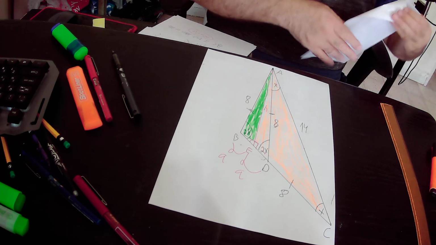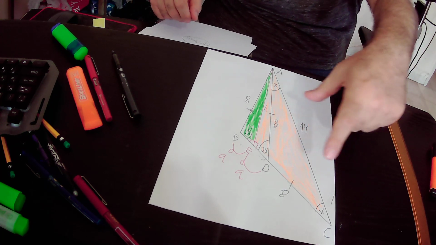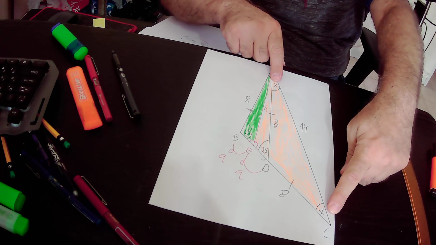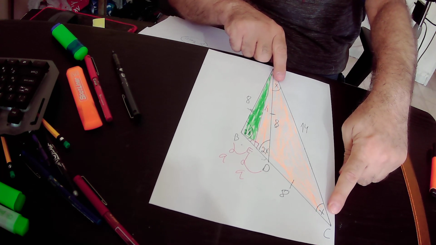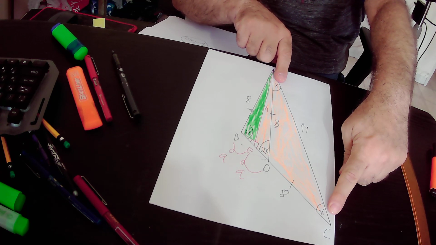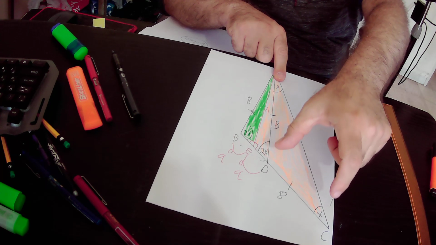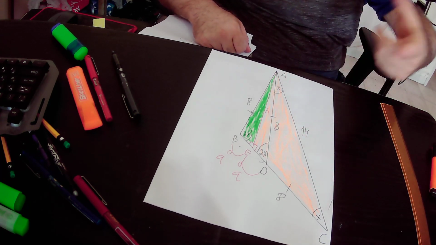So actually in triangle ADC we have two equal angles. According to rule number 1, in front of equal angles there are equal sides. In front of this angle we have side DC, and in front of this angle we have side AD.